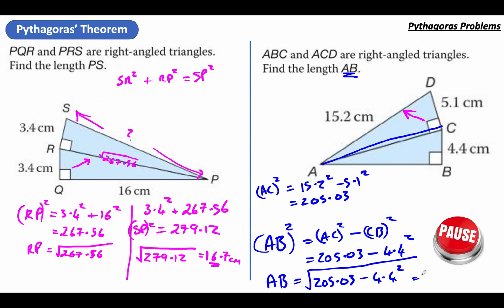Oh, I didn't turn off my pause. There we go. So let's do the square root of 205.03, take away 4.4 squared. That one does need to be squared. To 1 decimal place, it is 13.6 centimeters. It would be 13.63 if you were doing 2 decimal places.